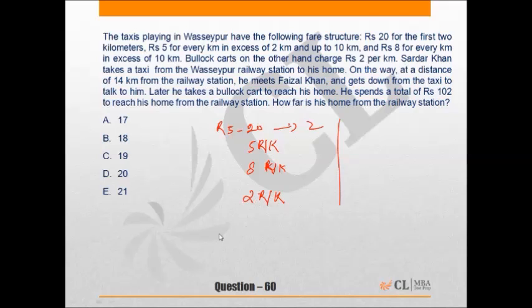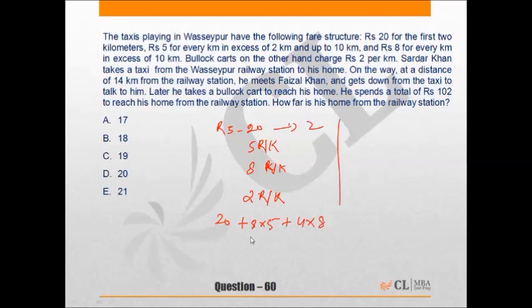So the total taxi fare for 14 kilometers will be rupees 20 for the first 2 kilometers, and for the next 8 kilometers, that is from 2 to 10, will be 8 into 5, and the rest of the 4 kilometers are charged at a rate of 8 per kilometer.